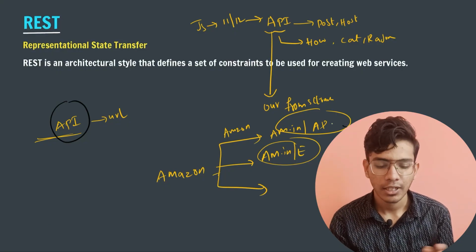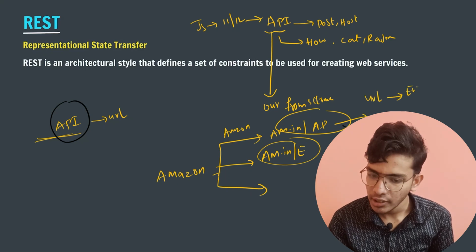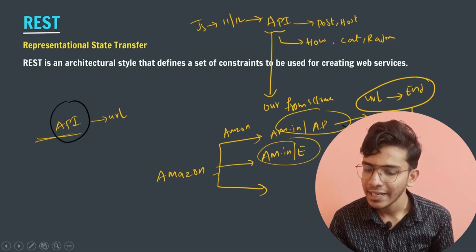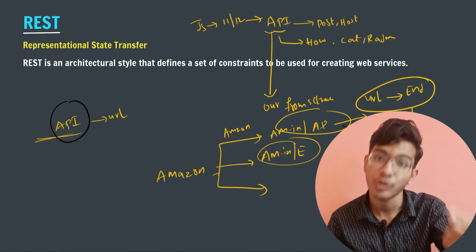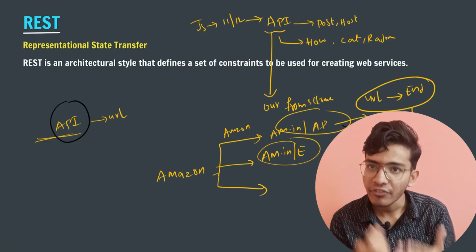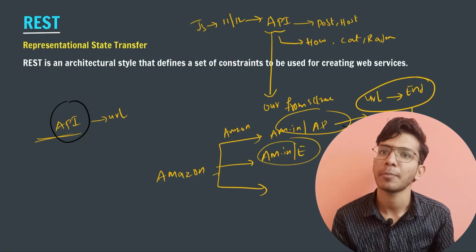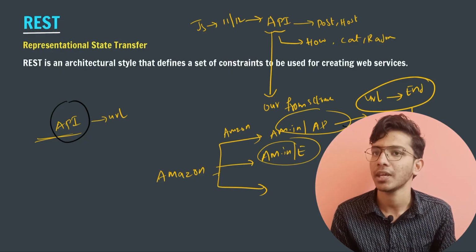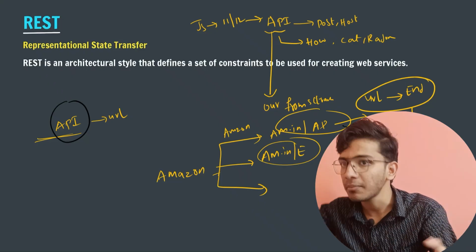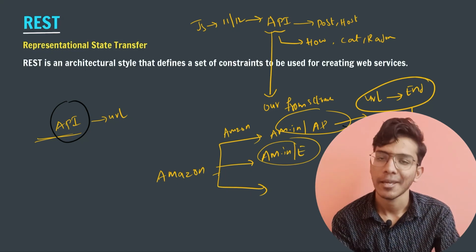Here you can see a URL which has an endpoint, and whenever I go to that endpoint, I will get some data. That data can be a website, that data can be a JavaScript object, or that data can be anything. If I'm getting something in return, then that whole process is known as an API. That is the formal definition of an API: an endpoint, and whenever I reach that endpoint, I get some data out of it, and this whole process is known as an API.